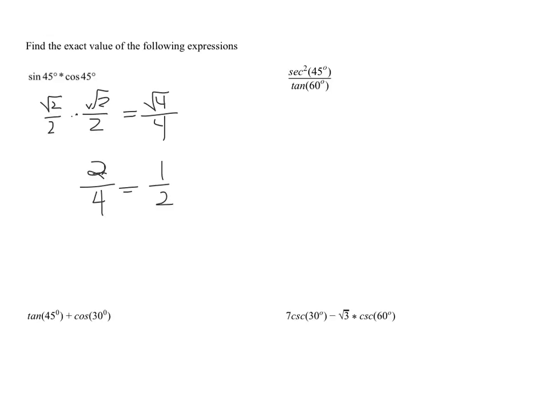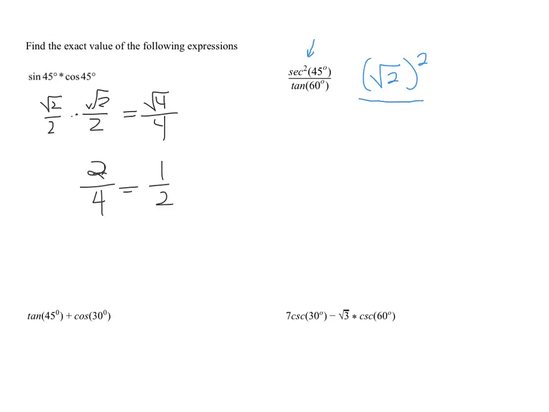Let's look at evaluating another one. This one says secant squared of 45 divided by tangent of 60. So I know the secant of 45 is square root of 2. So this is square root of 2, but then it says squared, which goes there. You'll notice when we square a value for a trig function, we typically put it after the thing before the angle. So that's kind of a typical notation.